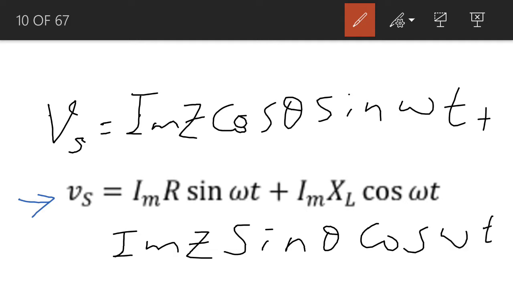So we can find out, you see, the voltage across the source either with the help of this equation or this equation.